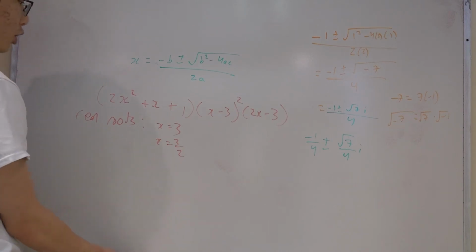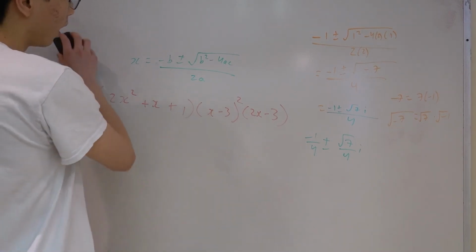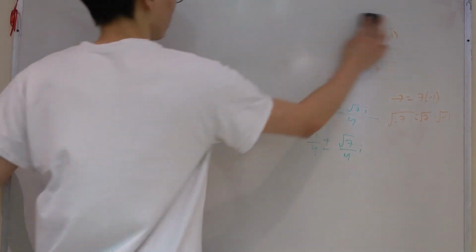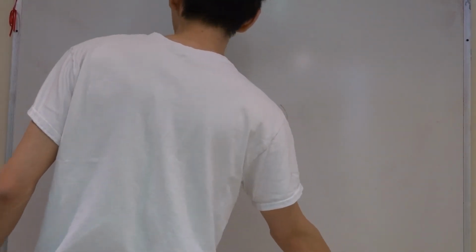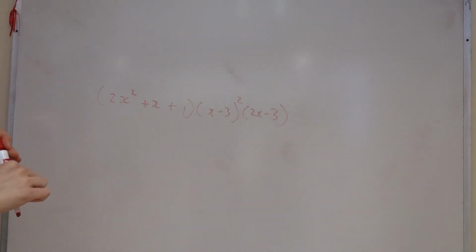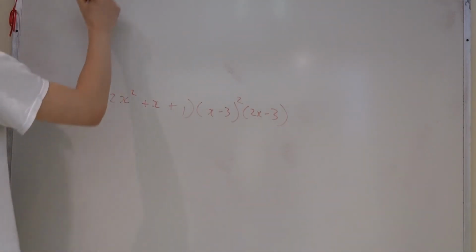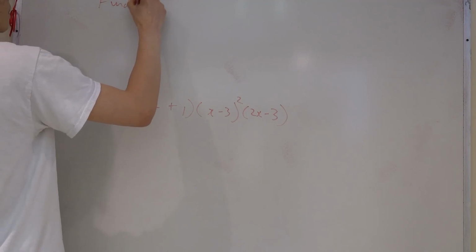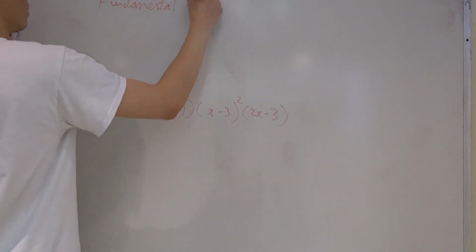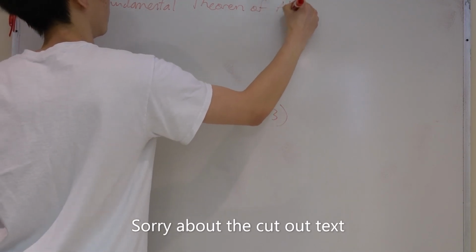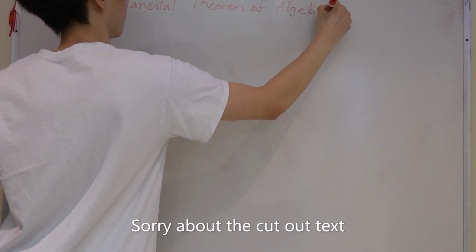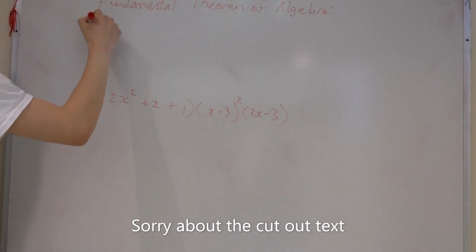Okay? I just wanted to end off on one final note about polynomials. And this is a major theorem in what we call abstract algebra. Okay? But it is stated in terms that you will still understand. Okay? This is called the fundamental theorem of algebra. And it goes like this.